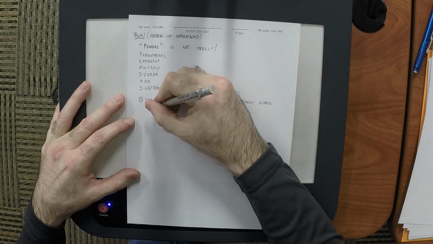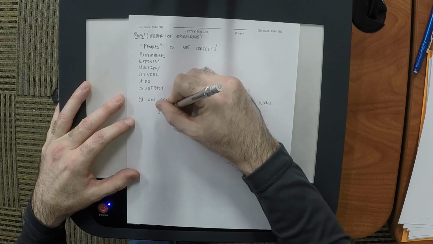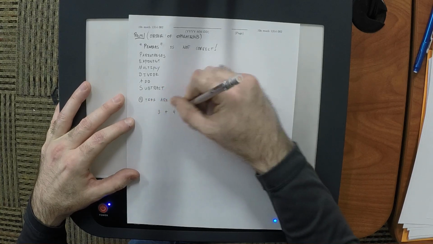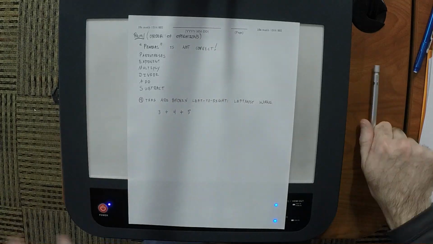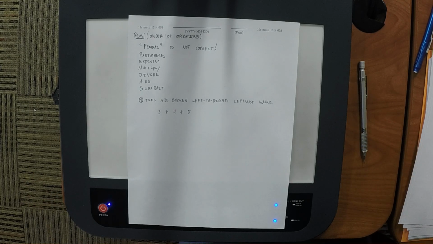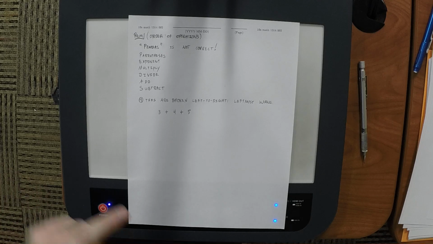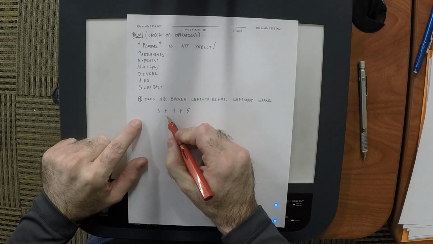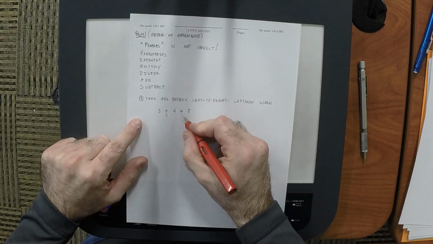Specifically, here's an example. If we have, say, 3 plus 4 plus 5, then there are two operations in this expression. For all the operations that we have, we label each with one of the initials of PEMDAS. What kind of thing is that one? That's an A. What kind of thing is that one? An A.